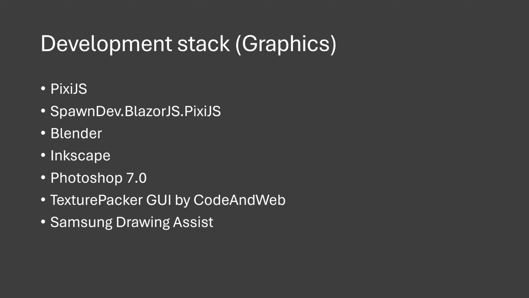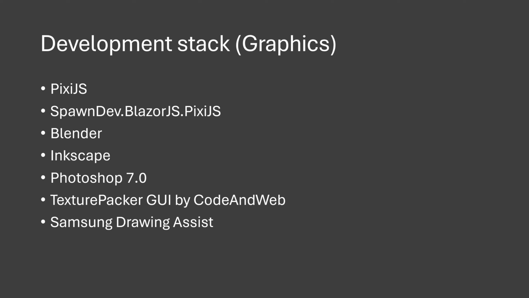Going back to Pixie.js, what SpawnDev did is he wrapped the Pixie.js functionality with the Blazor JavaScript interop. Actually, the library that he used for interoperability he himself wrote as a different library, a more general JavaScript interop library, which is very, very impressive in and of itself.